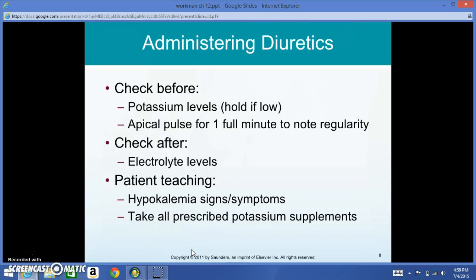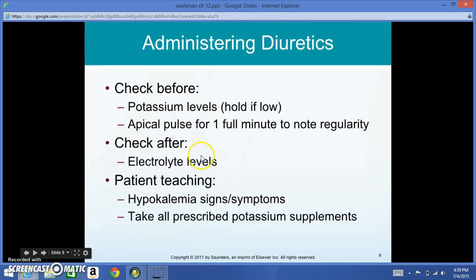So you want to watch for the patient's sodium levels because they will drop on this drug. You also want to take an apical pulse for one full minute, because you want to not only check to see if they have a pulse, but doing an apical pulse for a full minute ensures that you are assessing the rhythm and the regularity of the patient's pulse. So it's really important to do that.